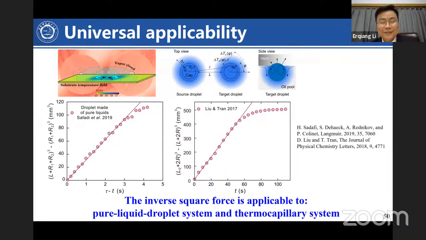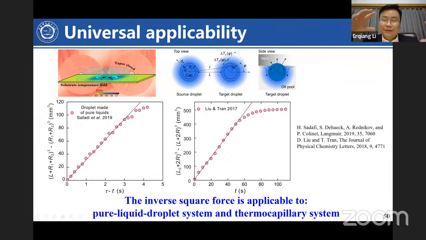Yes, you ask a very good question. When we do the analysis, this system, the droplets floating on the liquid surface, is different from our experiment. The reason that causes these two droplets to move is the thermal stress, not the surface tension gradient. If we look at the problem this way, you have two droplets on a solid surface or on a liquid surface. Whenever you have some effect from one droplet, as you draw lines from the center outward, the surface area is expanding.